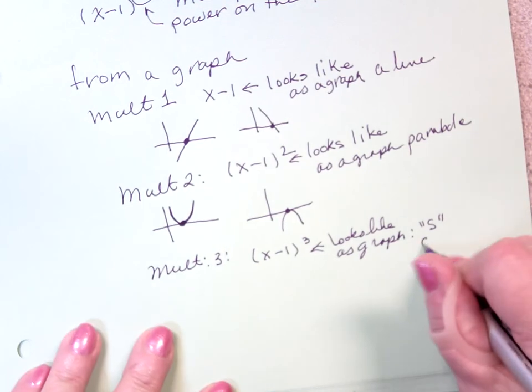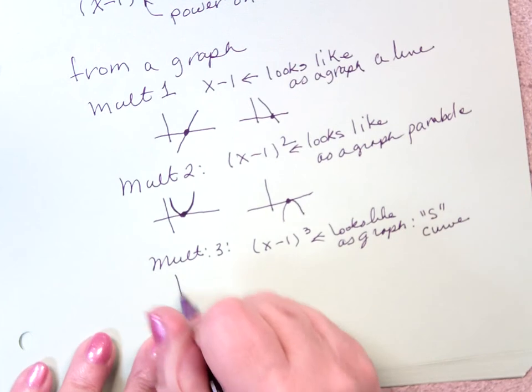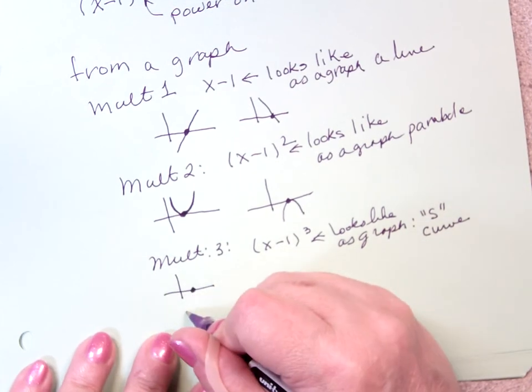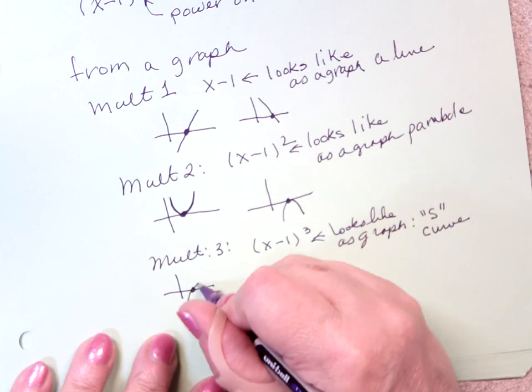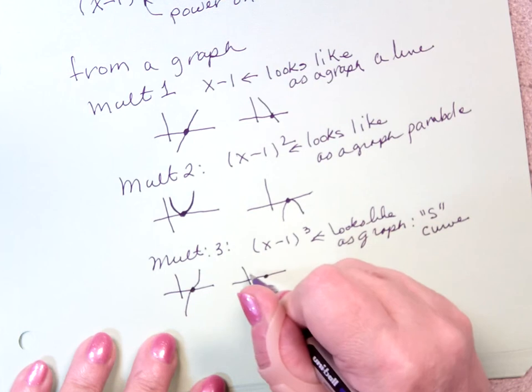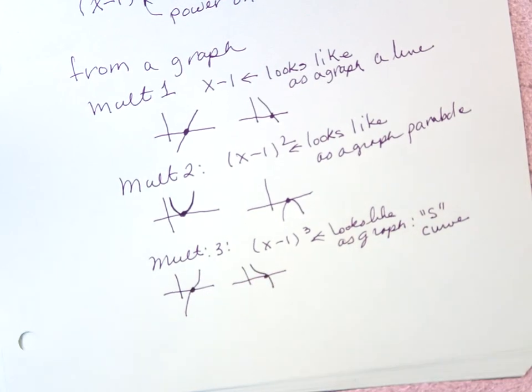So it's an S curve. That means if I were to look at the graph, it's either an S curve looking like that, or an S curve looking like that. It's an S curve. Now here's the interesting part of it.